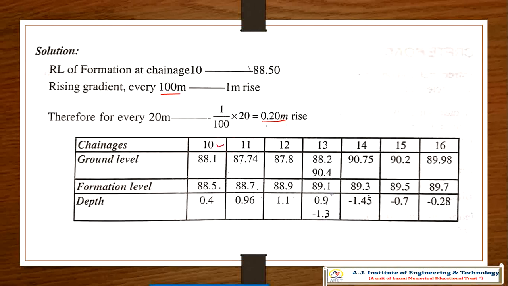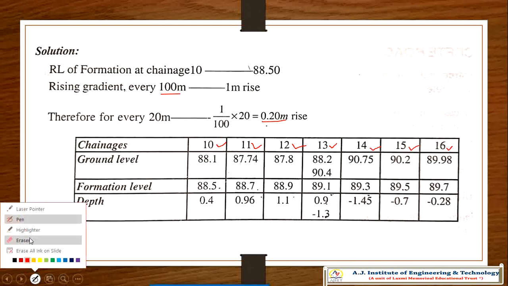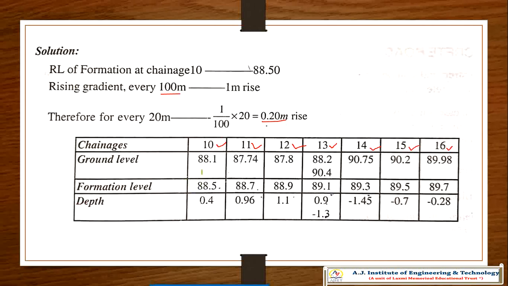This is your signage, right? 15, 16. This is your ground line: 88.1, 88.74, 88.8, 88.2, 90.4, 90.75, 90.2, 89.98.